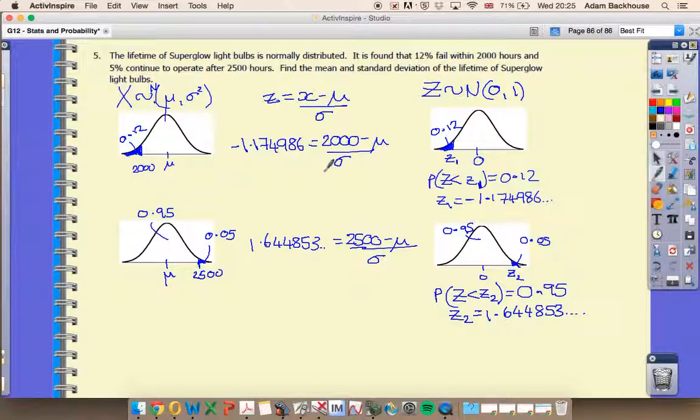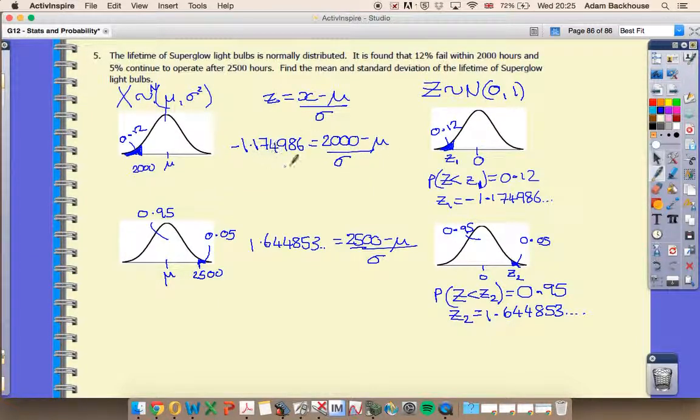All you're going to have to do is get it rearranged in a way that Polysmalt can accept. So we need our two variables on one side and a constant on the other. So I'm going to multiply sigma up here, and I'm going to add mu on. So I've got mu and sigma terms on the same side, and this 2000 will be left on the right side of my equation.